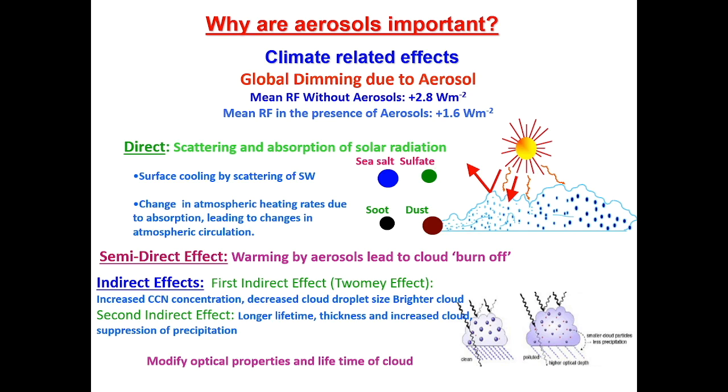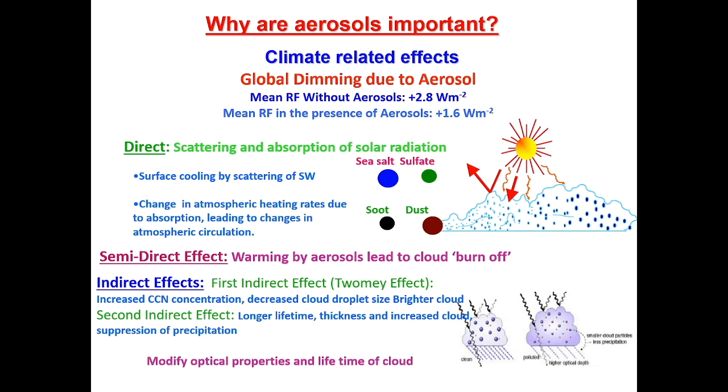Albedo is nothing but the ratio of the amount of radiation which is reflected to the total amount of radiation which is received. So if the particles change the albedo of the cloud, they cause the secondary indirect effect, because now the cloud may become more reflective, for example.